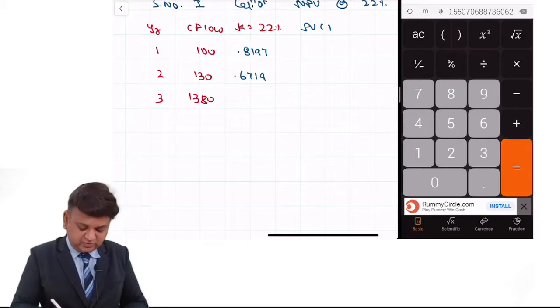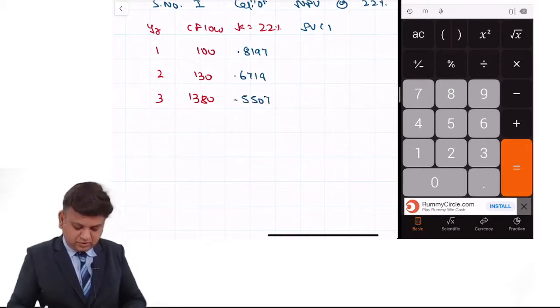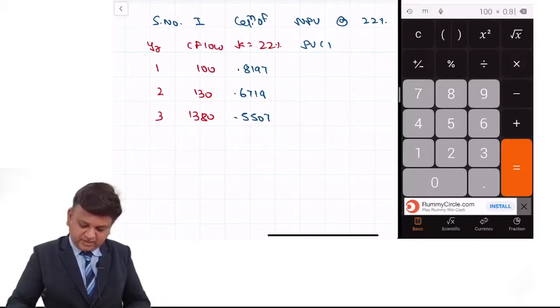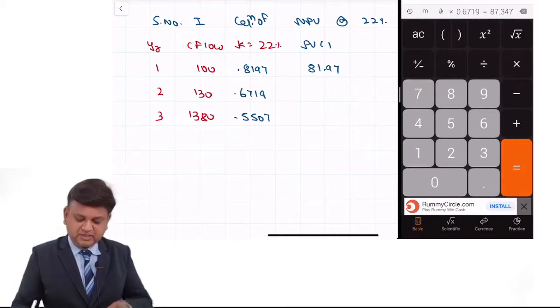Third year factor is 0.5507. So now it is 100 into 0.8197. That comes to 81 rupees 97 paise. 130 into 0.6719. That is 87.35.